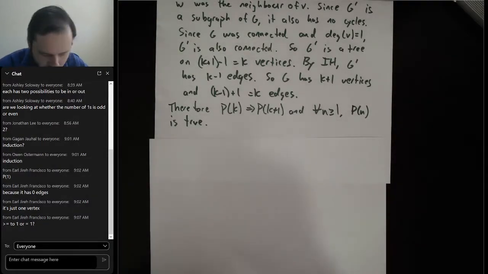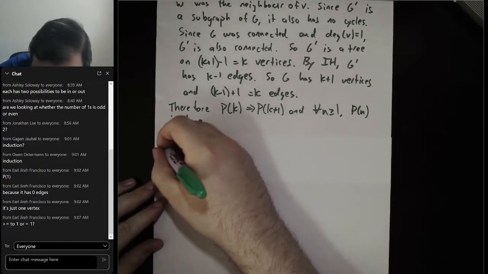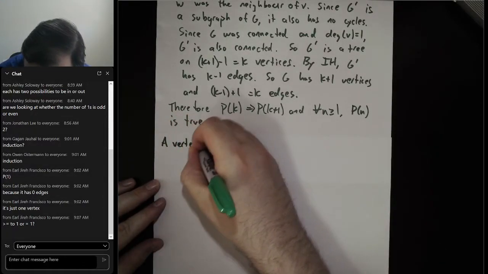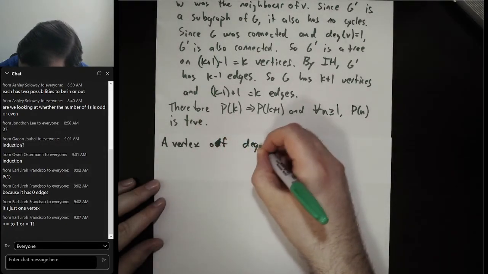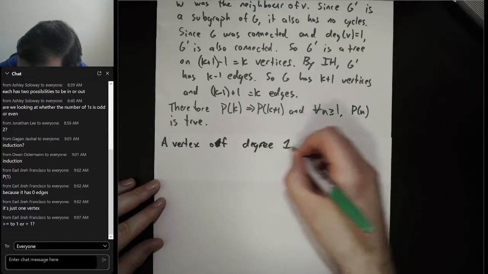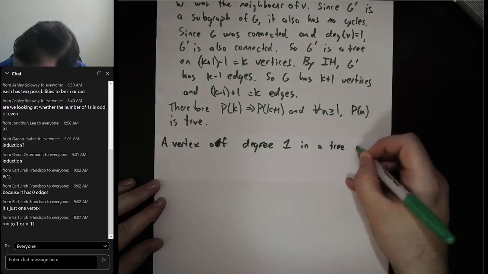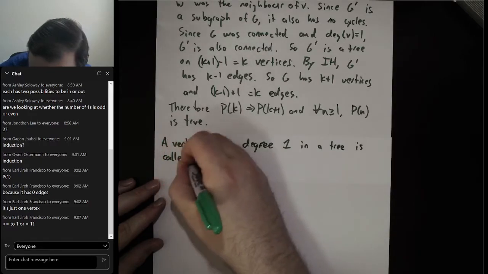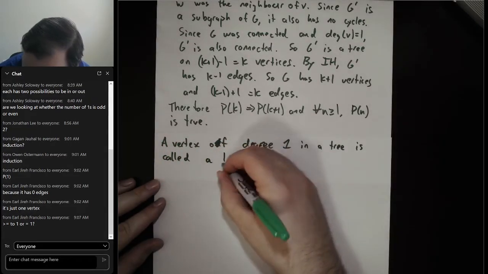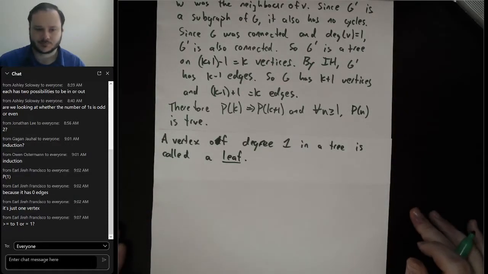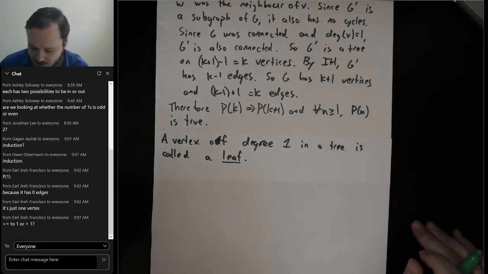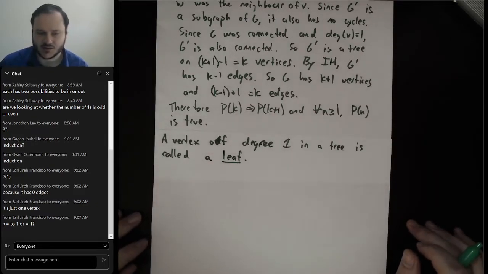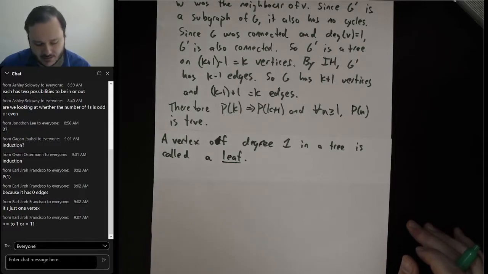So a vertex of degree 1 in a tree is called a leaf. I always can find at least one leaf, because if not, then I would have a cycle.